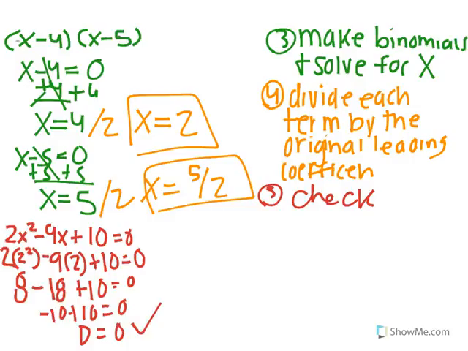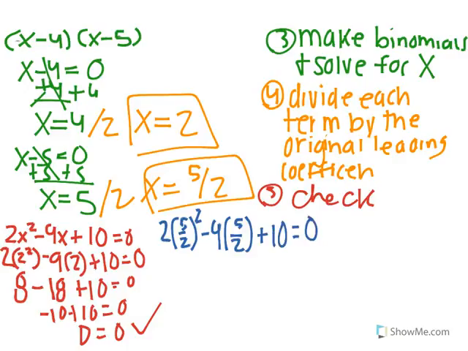Good deal. And now let's solve it out with the 5 over 2. So 2 times 5 over 2 squared minus 9 times 5 over 2, not squared, plus 10 is equal to 0. So 5 over 2 squared is 25 over 4 times 2 is 25 over 2, minus 9 times 5 over 2, which is 45 over 2, plus 10.